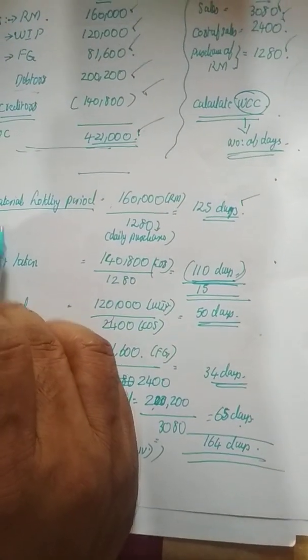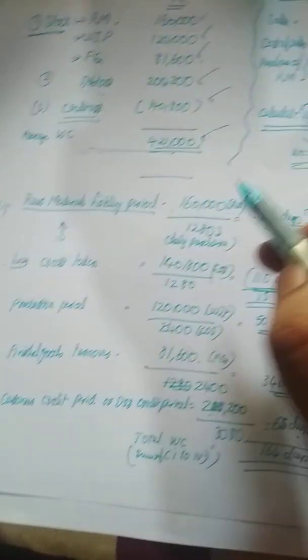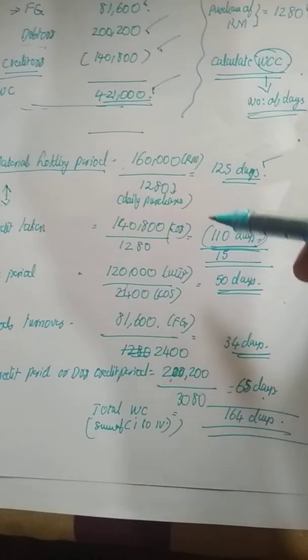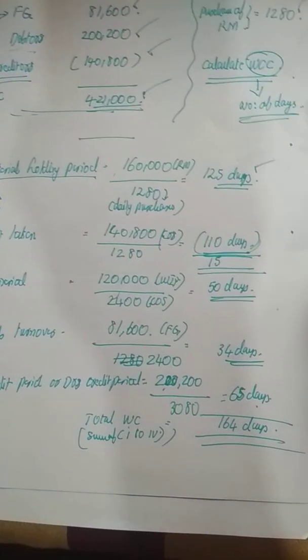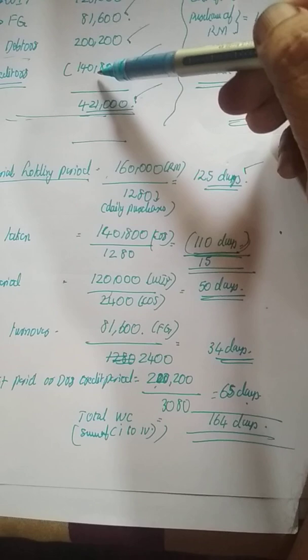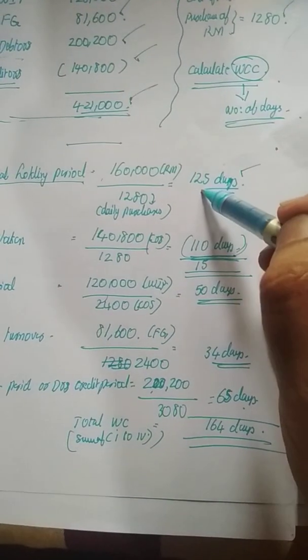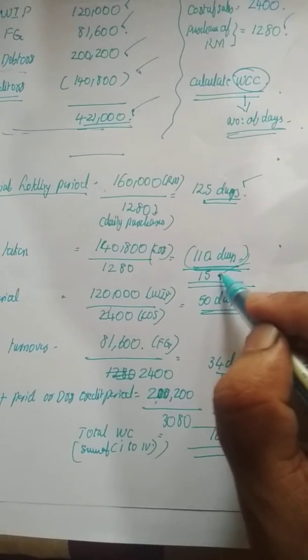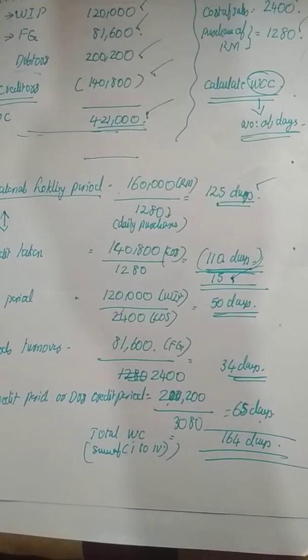See, you should connect here logically. The raw material holding period is 125 days. From that, we have to deduct the creditors period, the credit settlement days. So 125 days minus 110, we will get the average raw material holding period of 15 days.